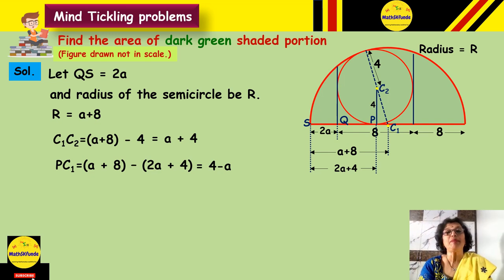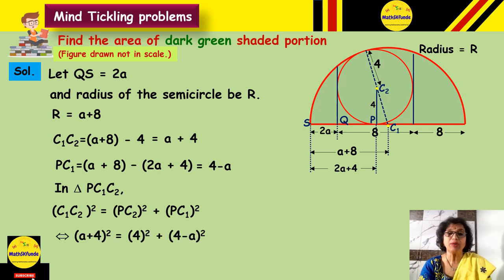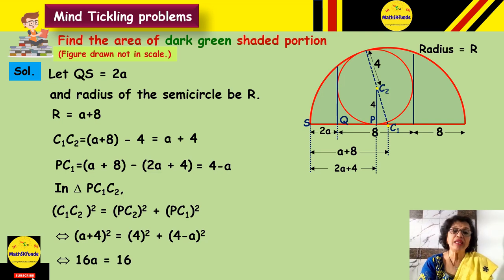Now apply the Pythagoras theorem on triangle PC1C2. That gives C1C2 square equal to PC2 square plus PC1 square. Substitute the expressions in terms of a. So (a plus 4) whole square equals 4 square plus (4 minus a) whole square. Simplify this, and that leads to 16a equal to 16, which means a equals 1.